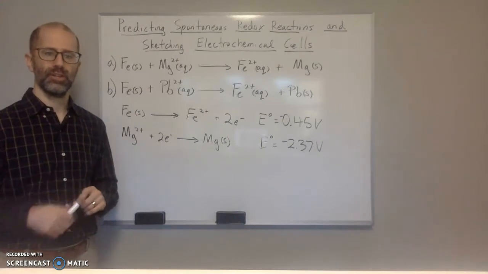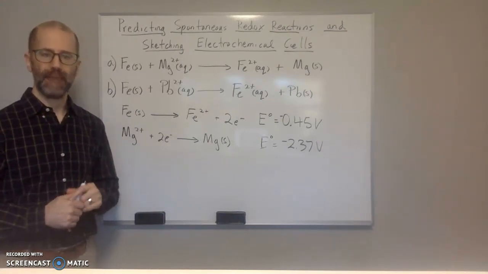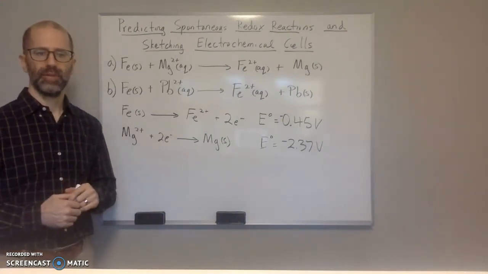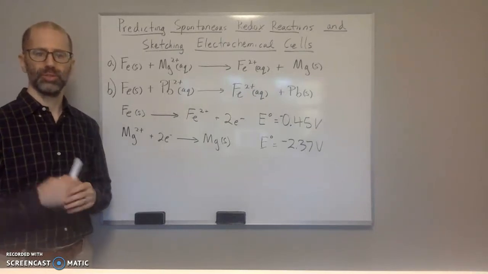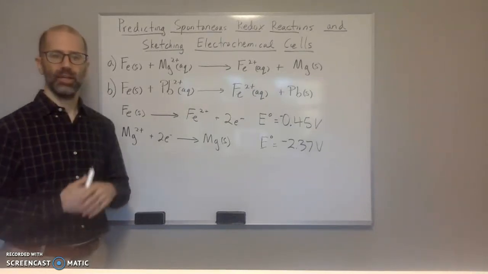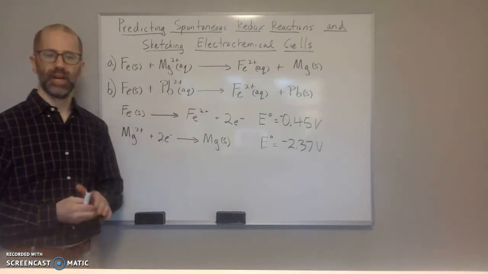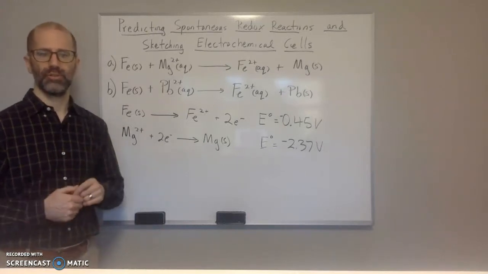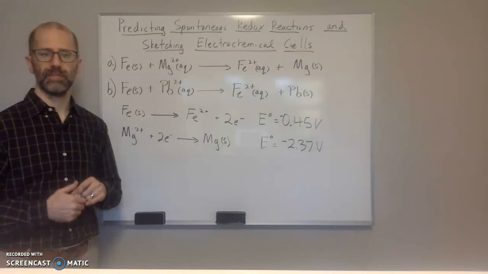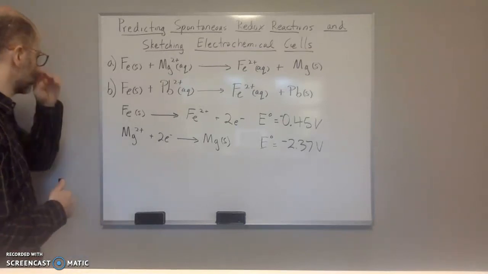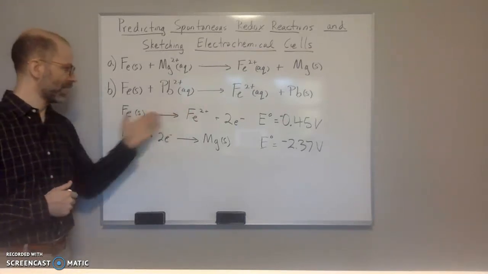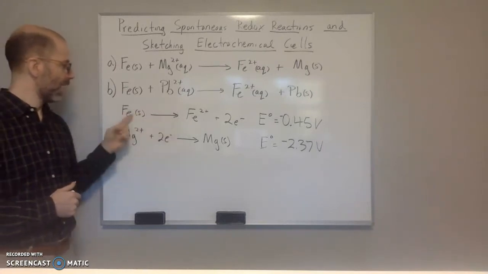So the first thing you need to do is write the potential half reactions of the redox reaction. So you have to write down what's reduced, what's oxidized, and then look at the standard reduction potentials for the electrodes. Okay, so I have here written down already the half reactions.